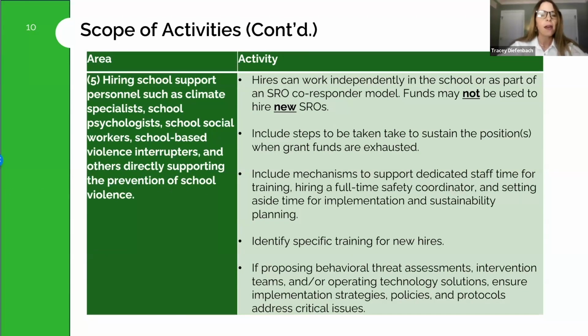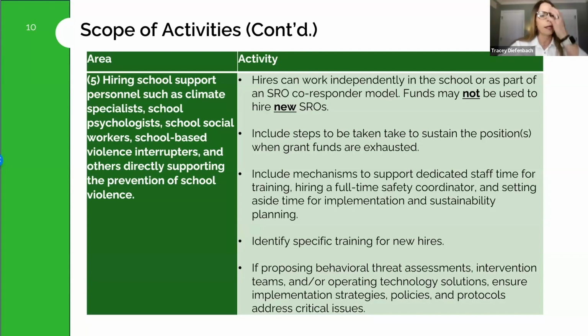Area 5 is hiring school support personnel such as climate specialists, school psychologists, school social workers, school-based interrupters, and others who directly support the prevention of school violence. Hires can work independently in the school or as part of a school resource officer co-responder model.